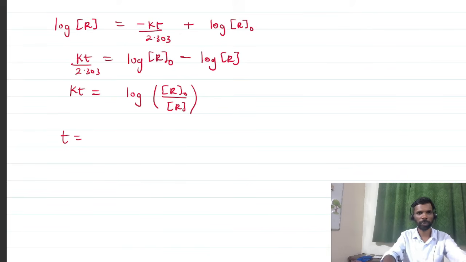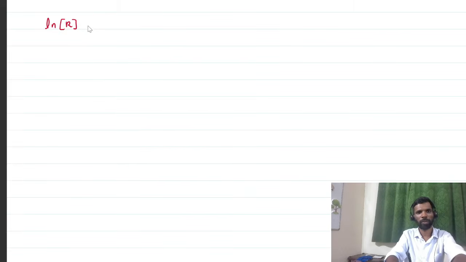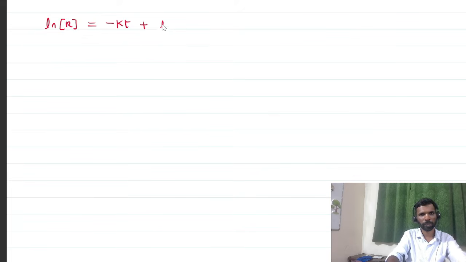Okay, I'll do everything from the start. For clarity, the equation is this way: ln of R is equal to minus Kt plus ln of R0.